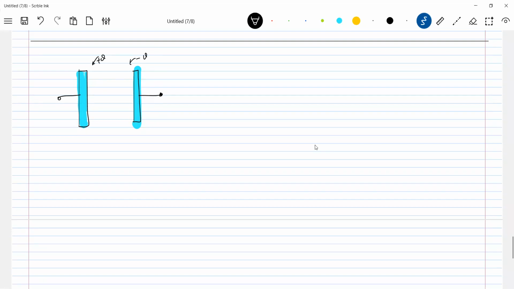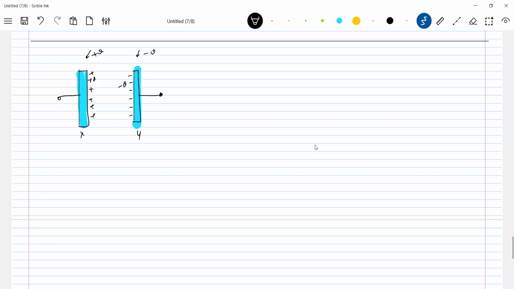What will happen to this charge? Where will it get deposited? The positive charge will deposit here, and the negative charge will deposit here. This is what happens.